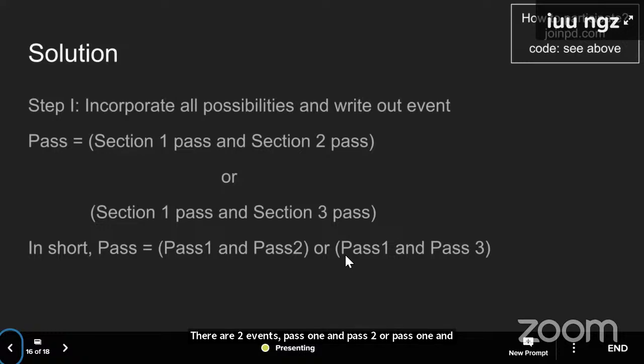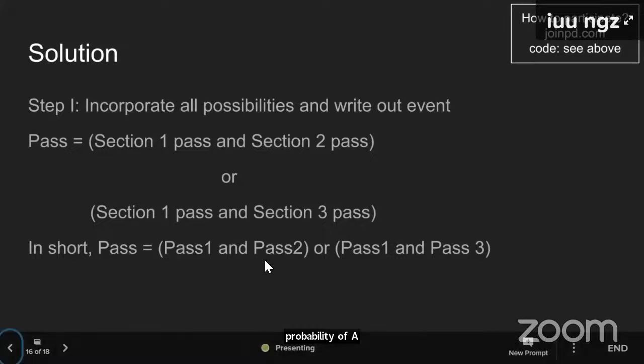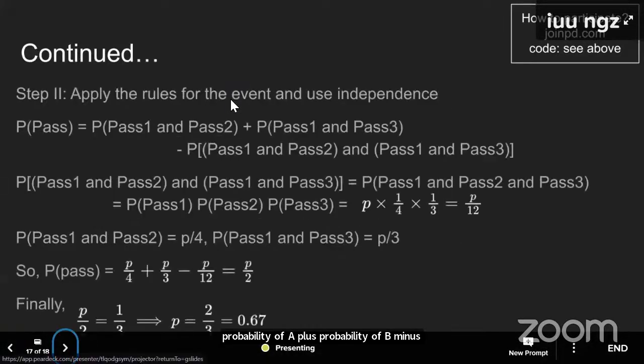If you denote pass 1 and pass 2 as event A and pass 1 and pass 3 as event B, then the probability of A or B is probability of A plus probability of B minus probability of A intersection B, right? So this is what we are going to do: probability of pass 1 and pass 2, plus probability of pass 1 and pass 3, minus probability of pass 1 and pass 2 and pass 1 and pass 3, right?